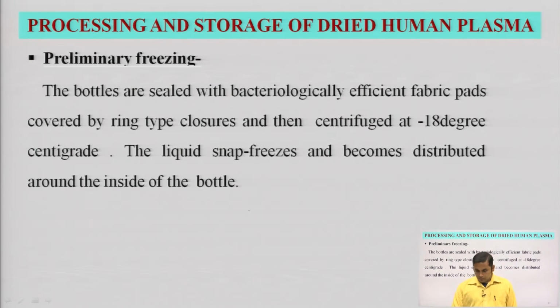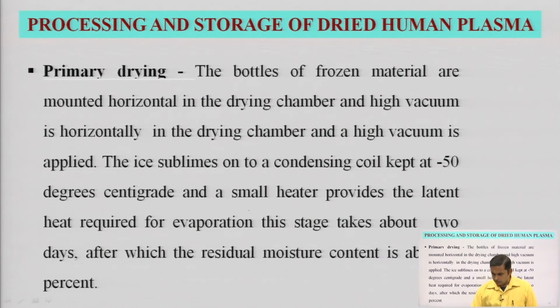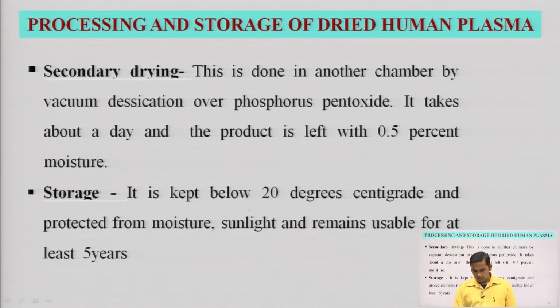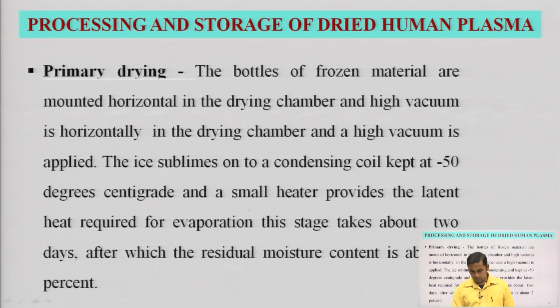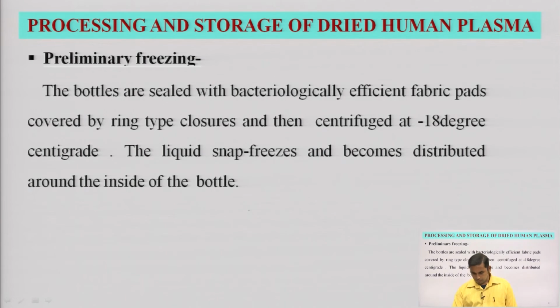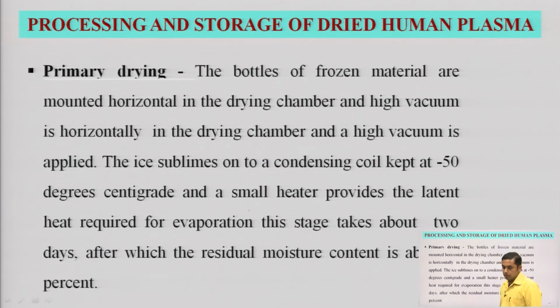Okay. Now I have to tell you that in freeze drying there is something called primary freezing, and I think I also mentioned secondary drying. So, let me tell you the primary drying.